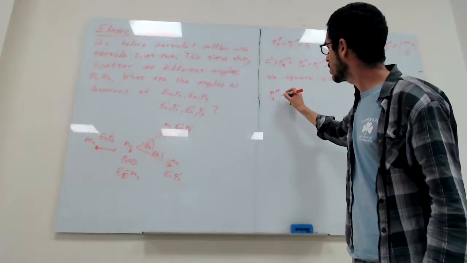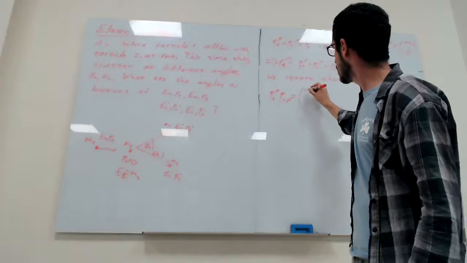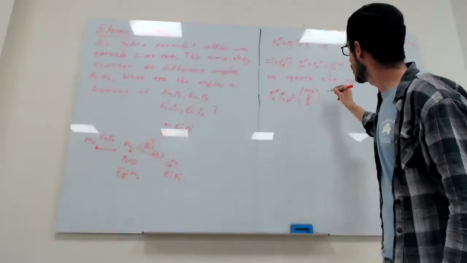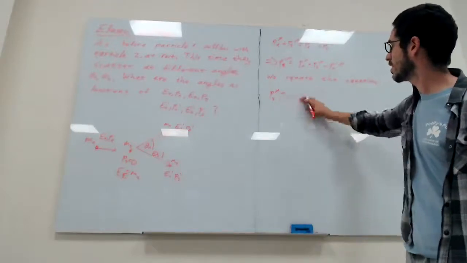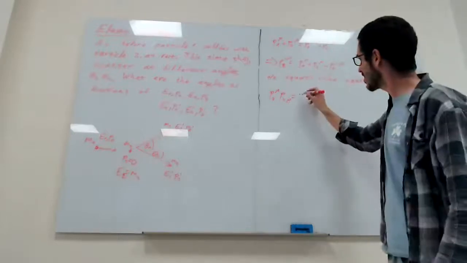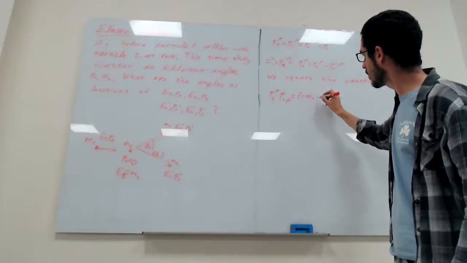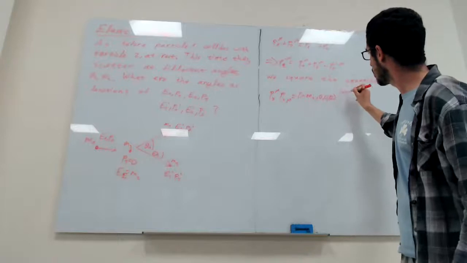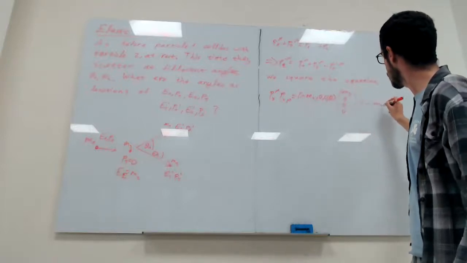So P2 mu, P2 mu is basically (M2, 0, 0, 0) times (M2, 0, 0, 0), which gives minus M2 squared.